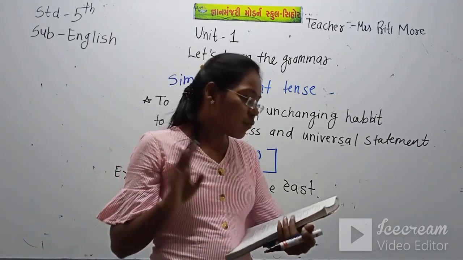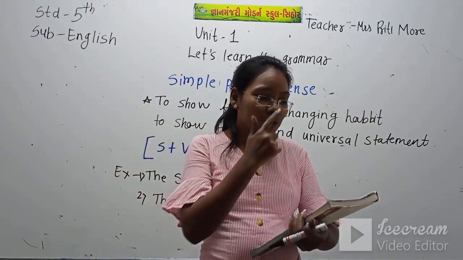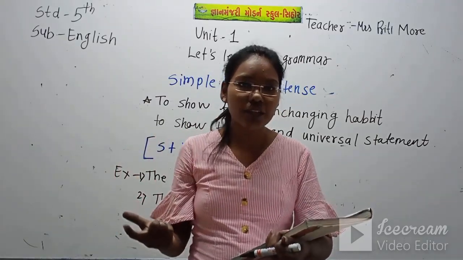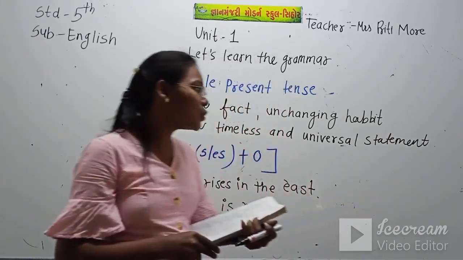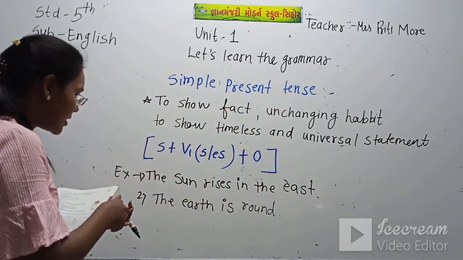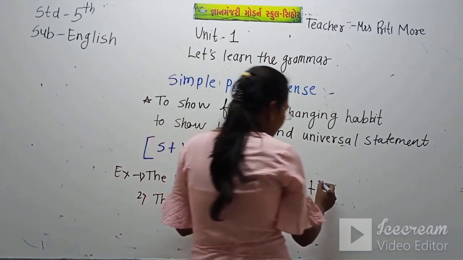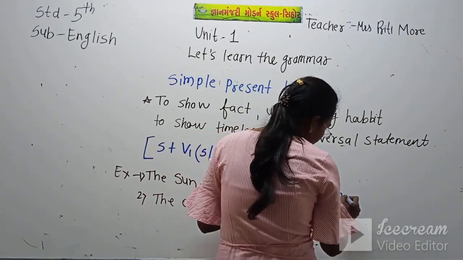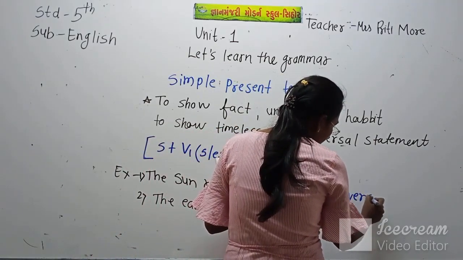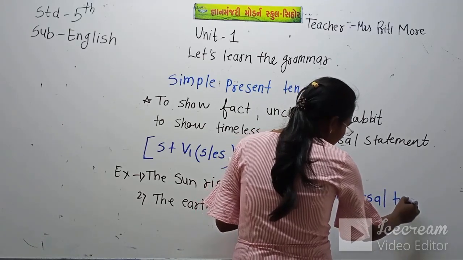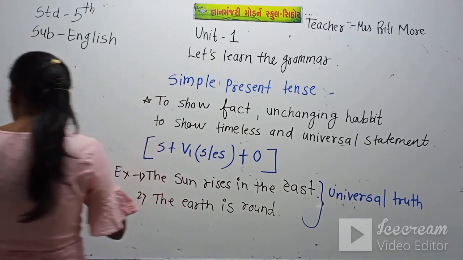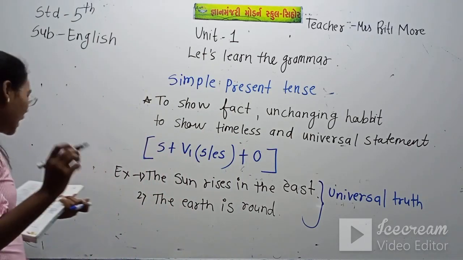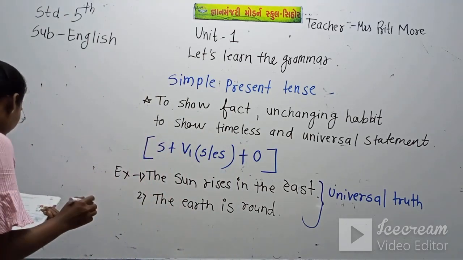Now again, the fourth one is to talk about the planned future action. To talk about the planned future action, we use simple present tense. These were the universal truths. Now next we'll see the planned future action.